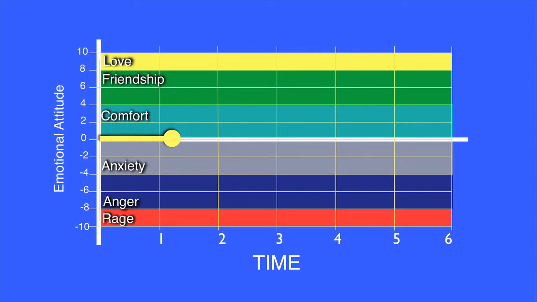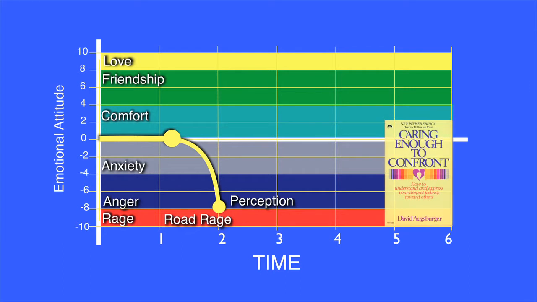Question: if you're cut off in traffic, why do some develop what is called road rage? People in traffic seem to be in a world by themselves without regards for others. They may follow the rules of the road, yet act as if they're the only ones on the road. David Augsburger, in his book Caring Enough to Confront, says, anger is a demand for an apology for being cut off.